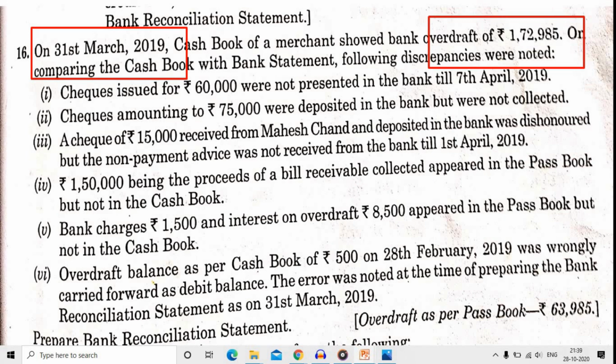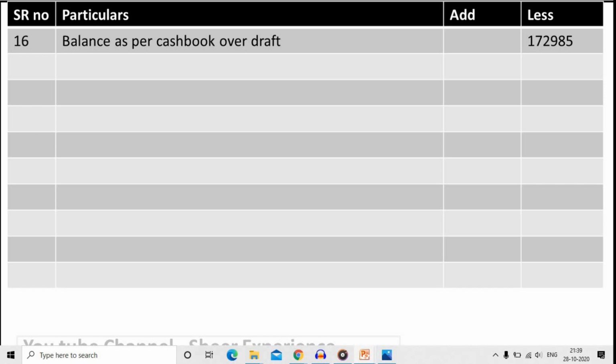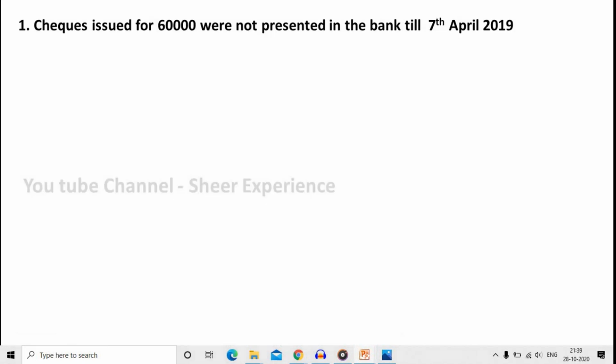Here it states 31st March 2019 and the problem clearly states it is bank overdraft as per cash book. So this is overdraft cash book balance, that is 1,72,985. So this amount we will mention it in the less column. In the particulars column, overdraft balance as per cash book.